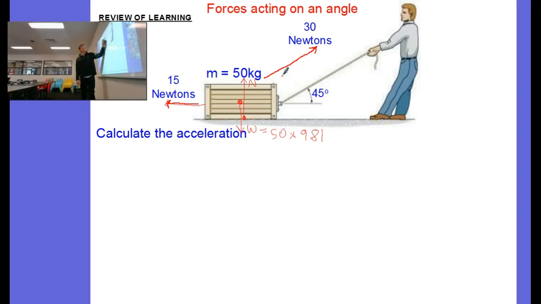This one on an angle could be broken down into one part that is a force going horizontal, and a second part that is a force going vertical, and we can break down every force on an angle into those components, that horizontal and vertical component, using right angle trigonometry.